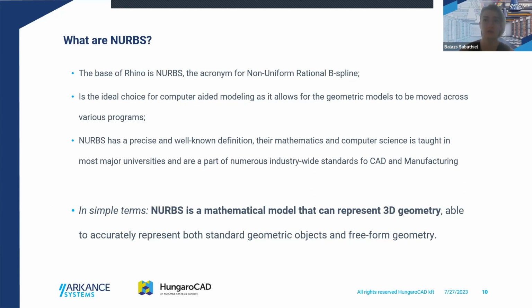So NURBS refers to this mathematical model that can represent 3D geometry. And because it's a very precise and well-known definition, it's used in many software, and it's what makes it possible to use it for CAD and manufacturing, CNC, and other things like that.